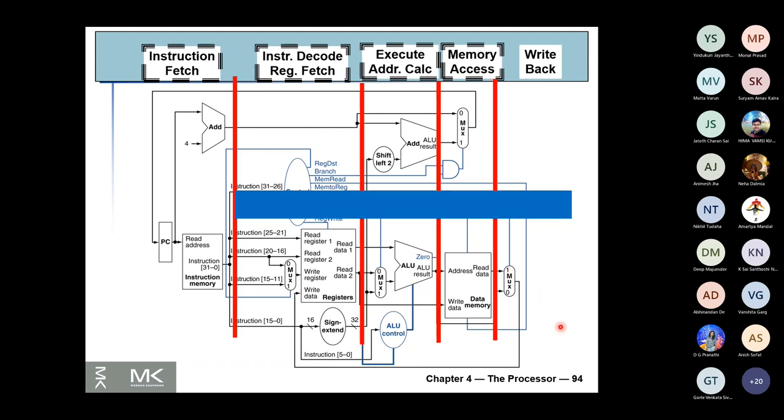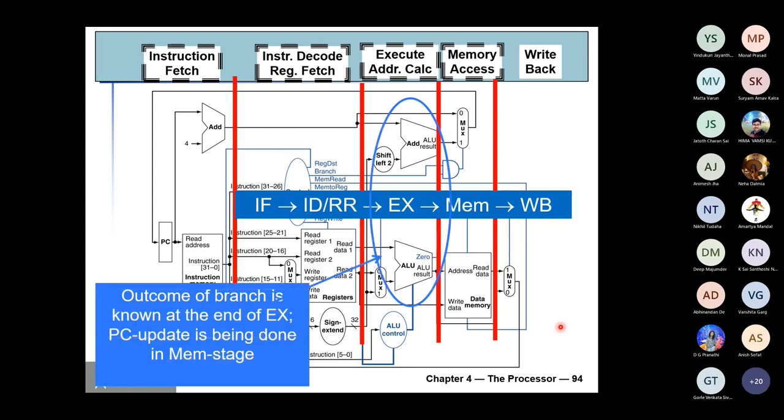So what I'm going to do is the following. This is our original pipeline, our original hardware layout. Currently this is the portion of the hardware which is responsible for comparing the content of two registers and the PC update.